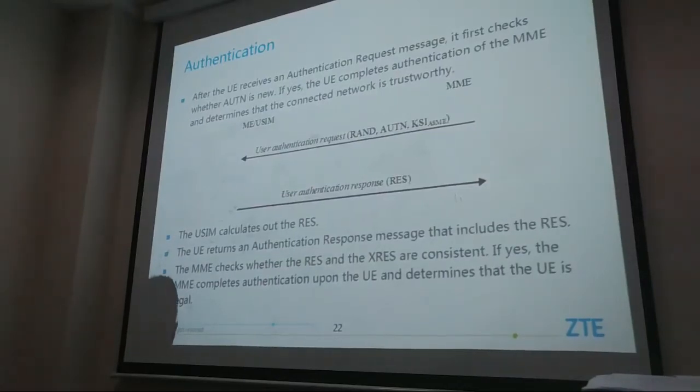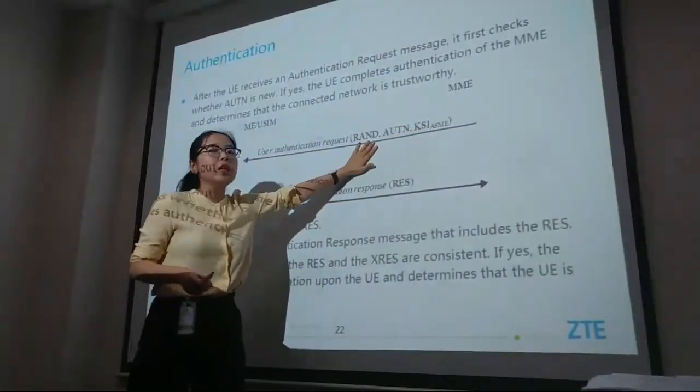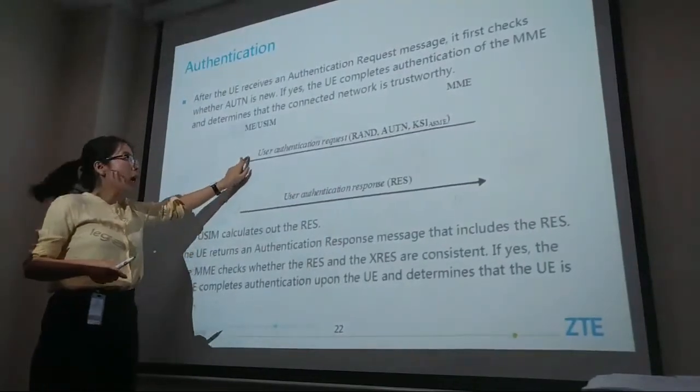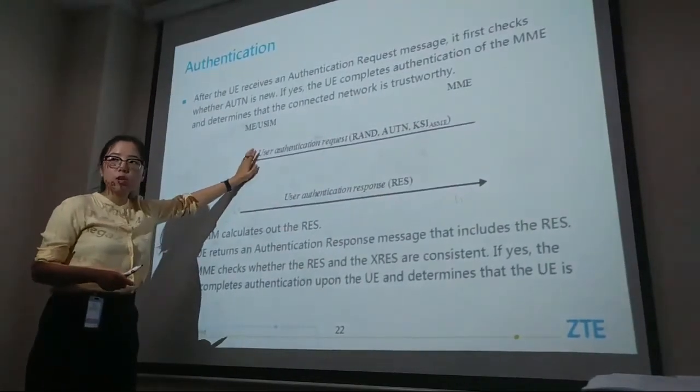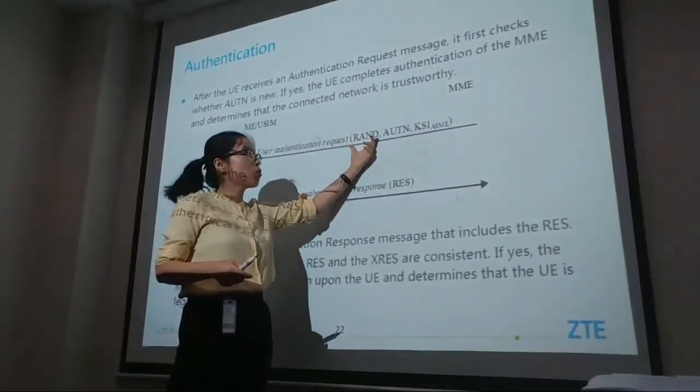The description is different, but the information is the same, because this is NAS signaling. The eNodeB cannot decode it. Only the UE and the MME can decode it. So the MME delivers this value by this signaling to the UE, and the UE decodes it.